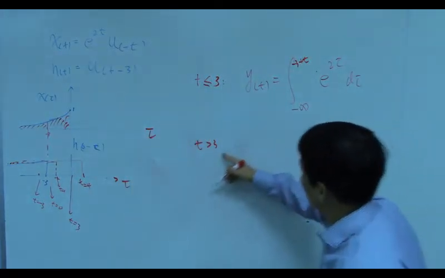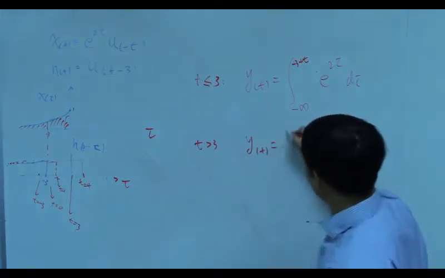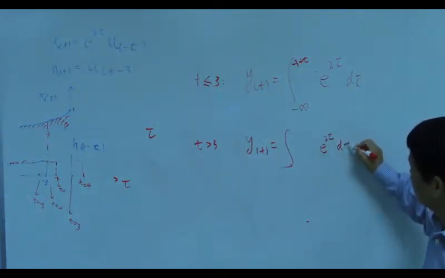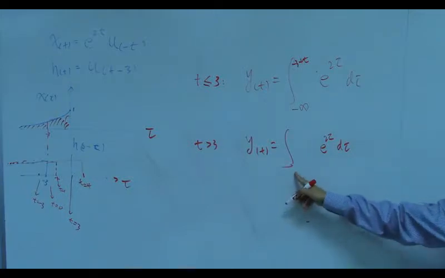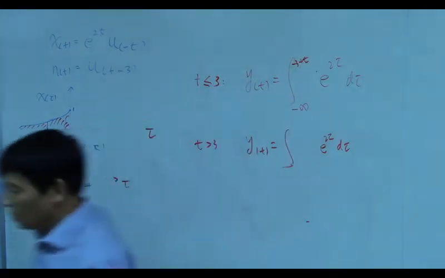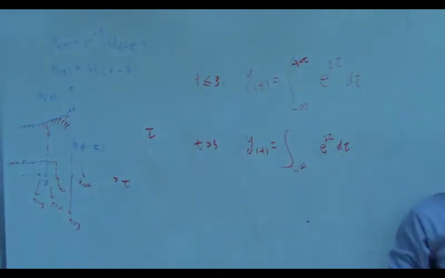So that means when t is greater than 3, the y(t) will be equal to, again, this part is the same, e to the 2 tau d tau. What is the lower limit? The integration is from all the way to the left, so it's negative infinity. To where? Negative 3 plus 4.